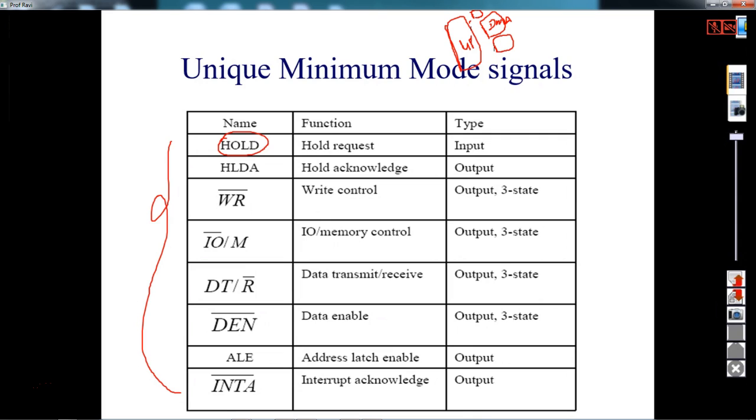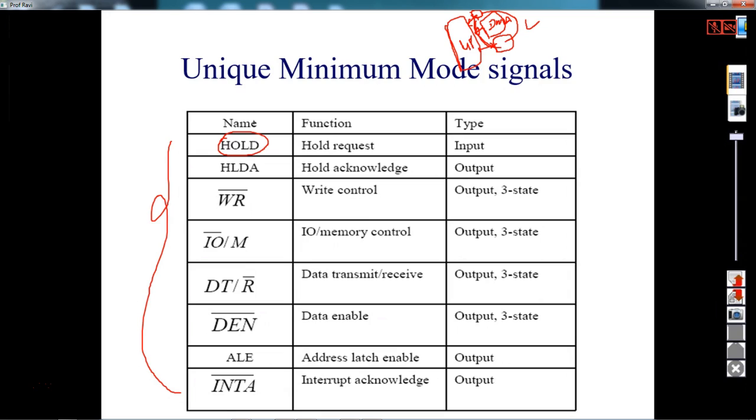If you want to transfer huge bytes from this memory to IO, that is done through DMA. DMA asks for the buses of the microprocessor, the address bus and data bus, to transfer directly from memory to IO.